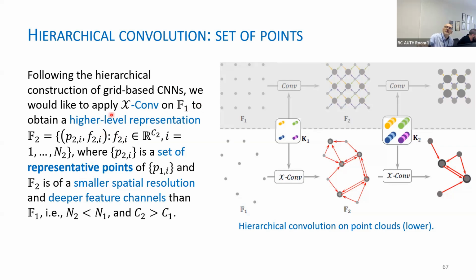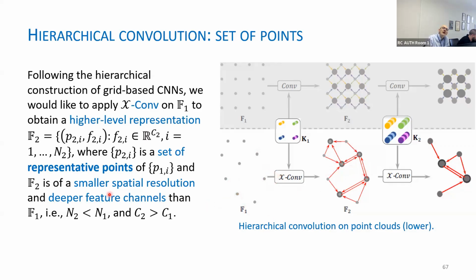At the subsequent level, we have a reduced number of points, which is called the set of representative points from the original set. So we keep just this point, this point, this point, this one, and this one, a subset of the original points.